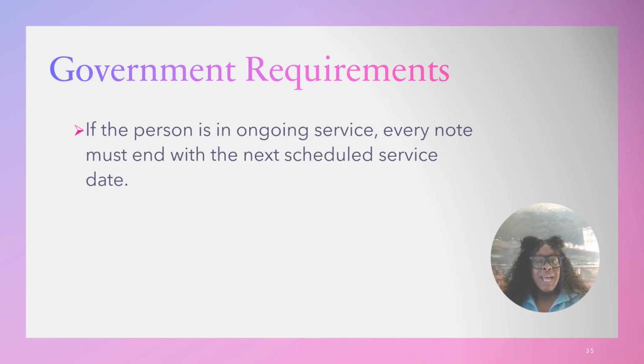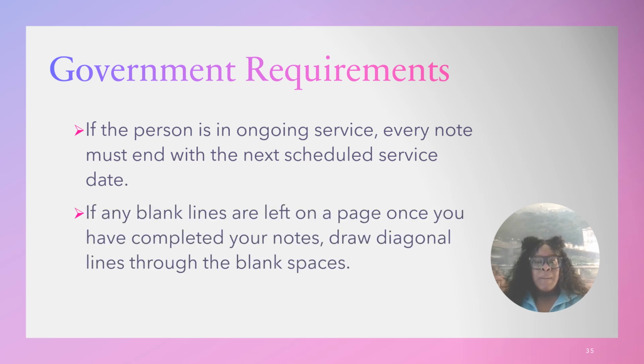Lastly, if the person has ongoing services, the note must state their next appointment or service date. Any remaining blank pages should have diagonal lines across them, which indicates that there was no information for these pages.